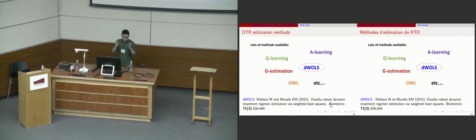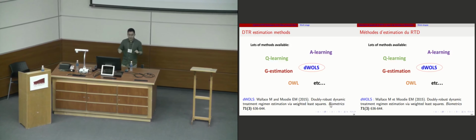In regression-based DTR estimation, many methods are available, such as Q-learning and G-estimation. Q-learning is easy to implement, but it lacks robustness. G-estimation was proposed by James Robins.